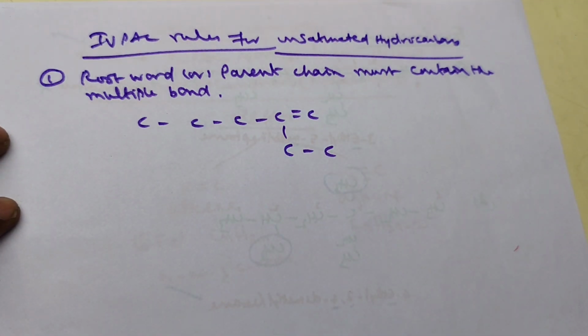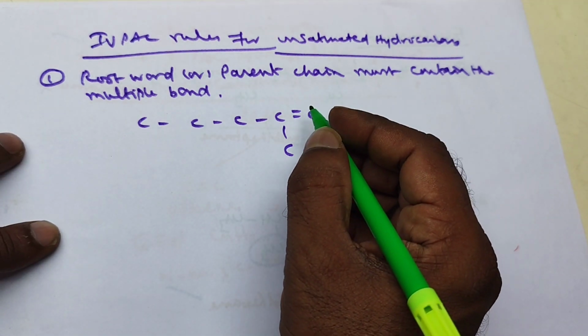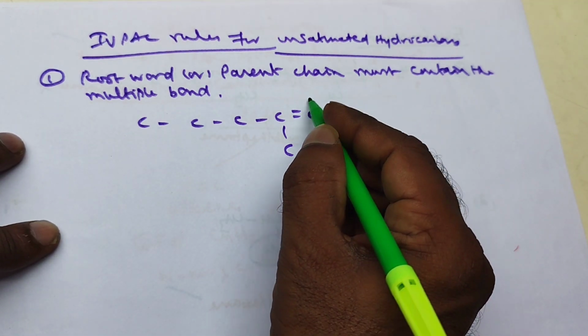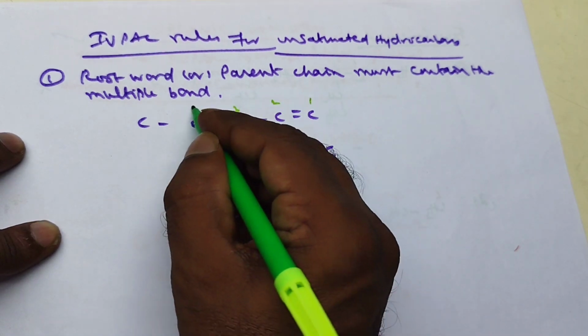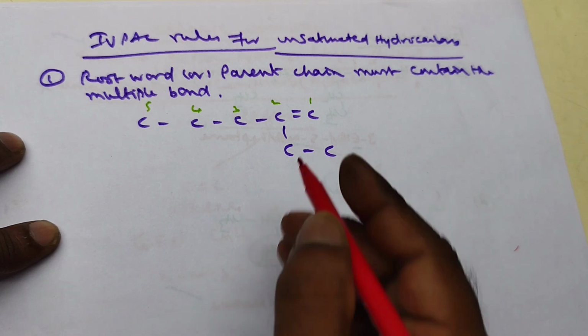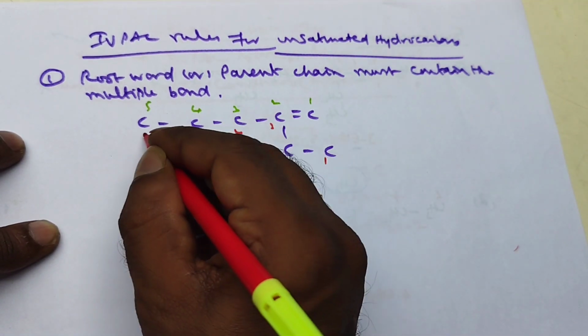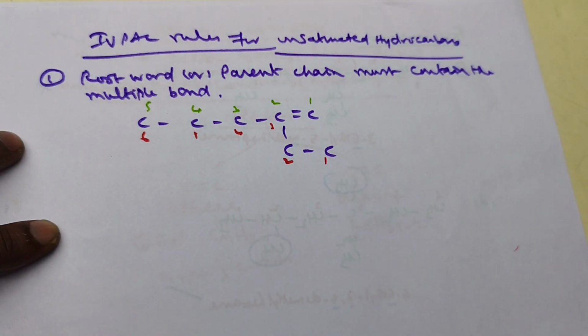If you apply the rules for writing organic compound names, you have to number the carbon atoms first. While numbering, there should be the maximum number of carbon atoms in a continuous chain. So 1, 2, 3, 4, 5. Suppose you number the carbon atoms in this manner: 1, 2, 3, 4, 5, 6. Which is the correct one?